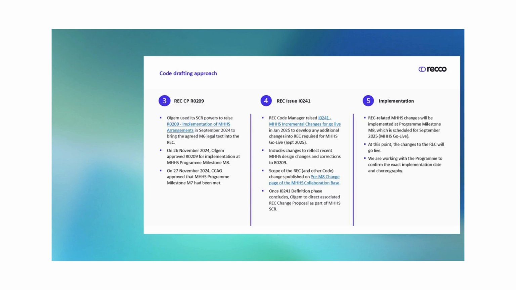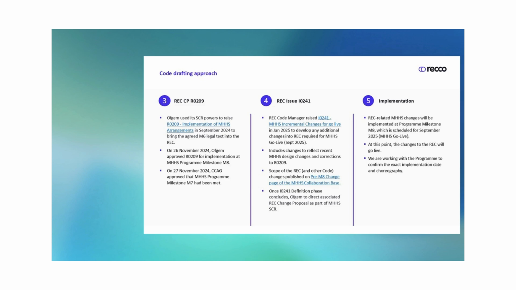On the REC side, this is being managed through an issue at the moment, I-241, which was raised at the end of January, and we'll be using this to engage with REC parties and define the scope and content of these required additional changes that need to be in place for MHHS Go Live. We've got a link on the slide to a spreadsheet on the programme website that lists all the additional changes that we've spotted to date that we're proposing to make later this year.